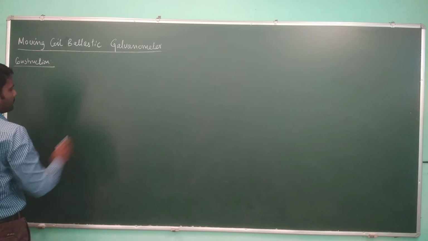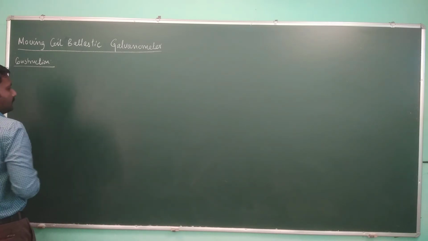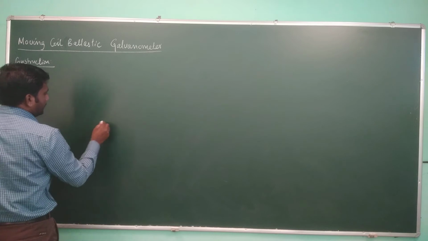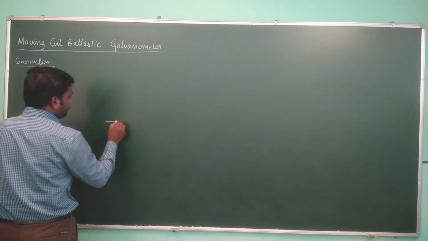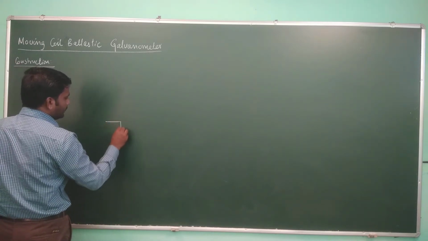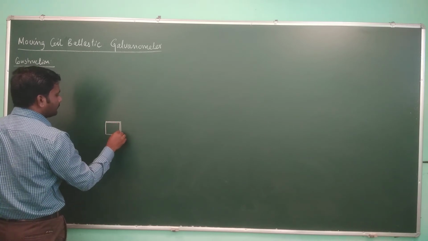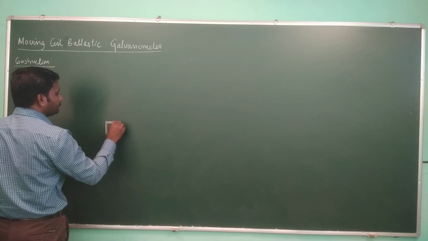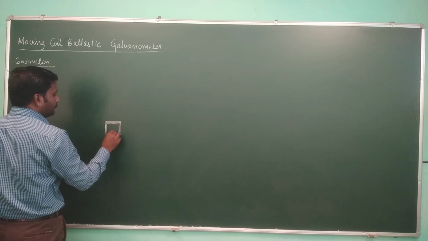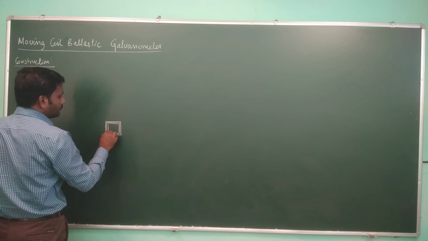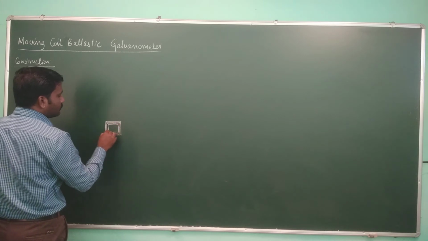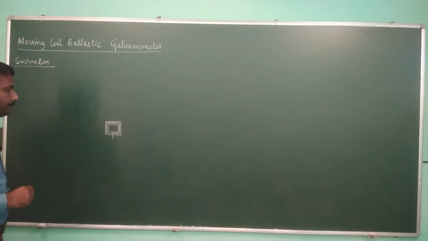As in the previous case of the moving coil galvanometer, here we have considered a rectangular, circular coil which is wound over a frame.